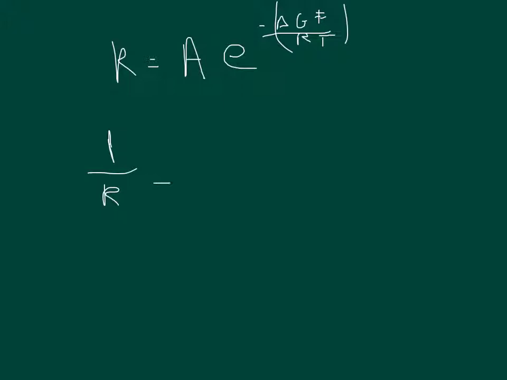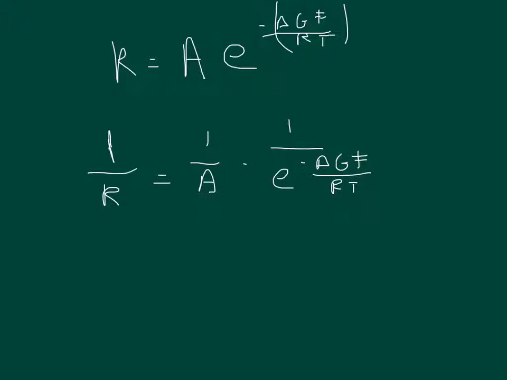1 over K is equal to 1 over A times 1 over e to the negative delta G transition state over RT. Now, anytime you have a negative exponent under a fraction, here's a numeric example.